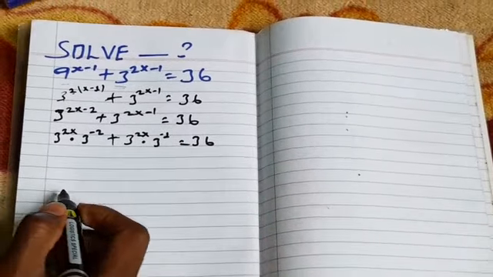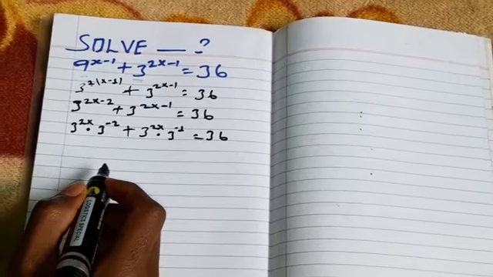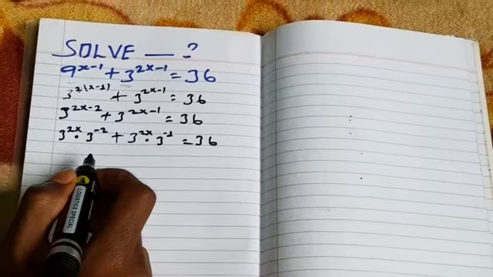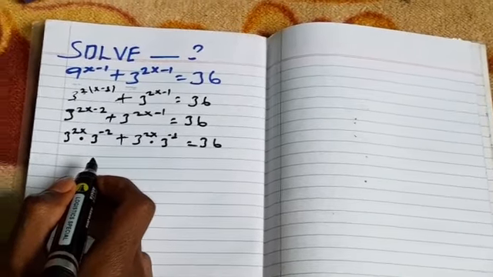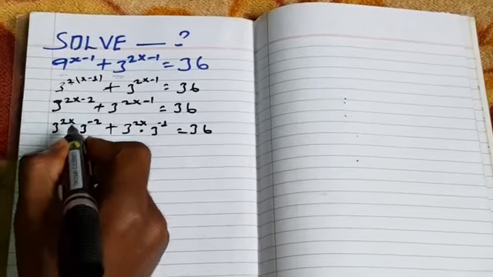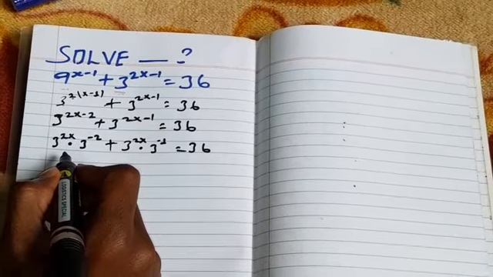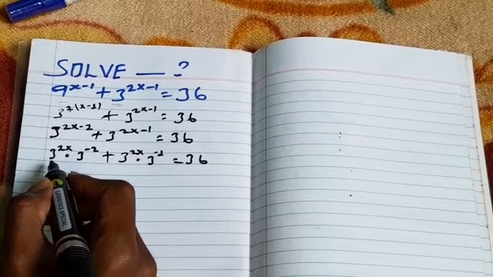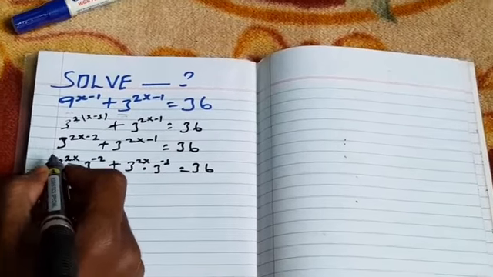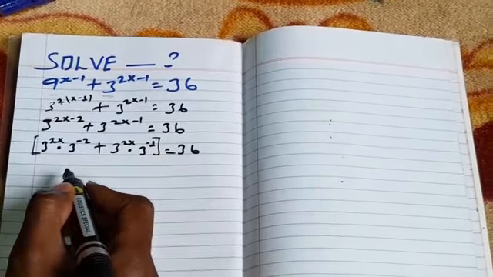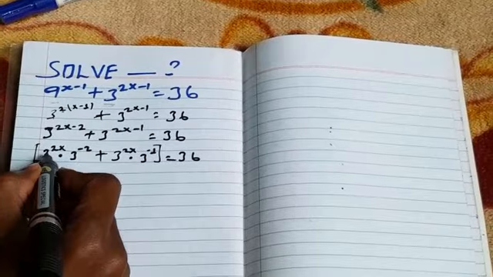Then what do you do? We can take the same numbers from this. The same number, 3 to the power of 2x, appears in both terms.